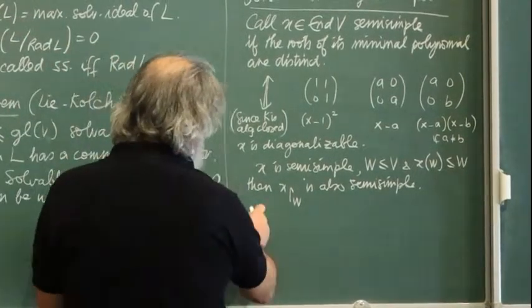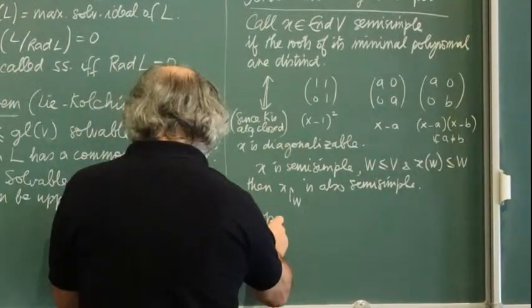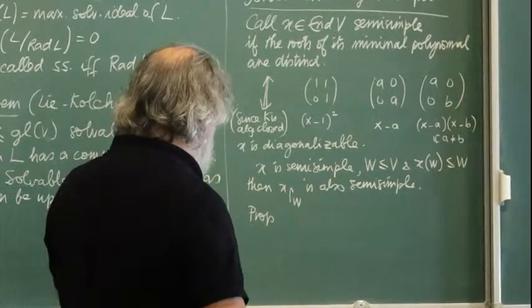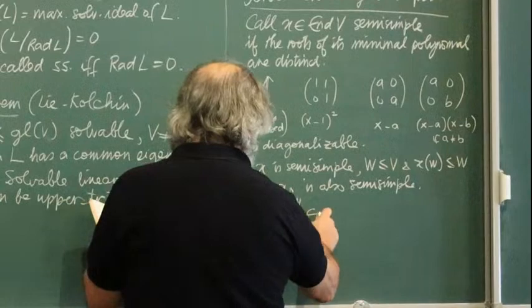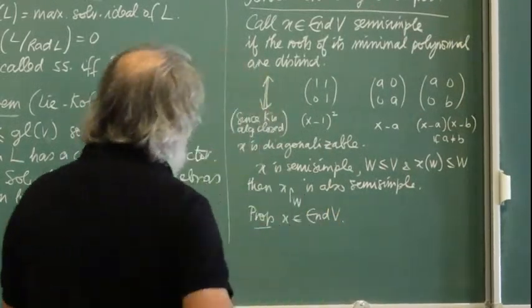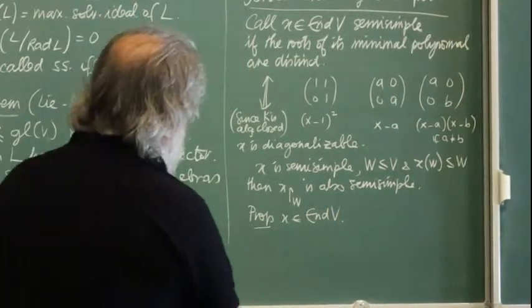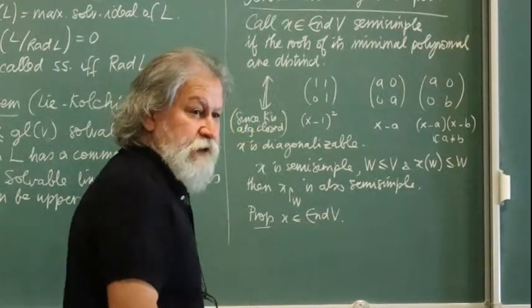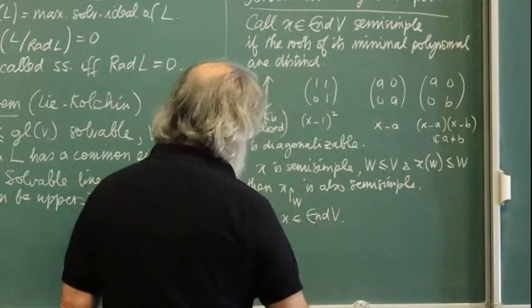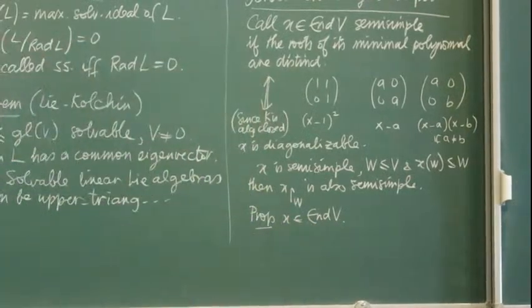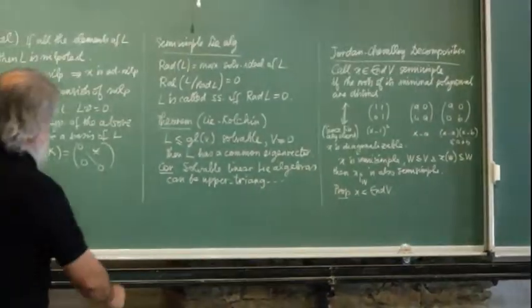Proposition. Let X be an endomorphism of V. When you see endomorphism of V as an associative algebra, you write it like this. If you see it as a Lie algebra, then you write it like this.